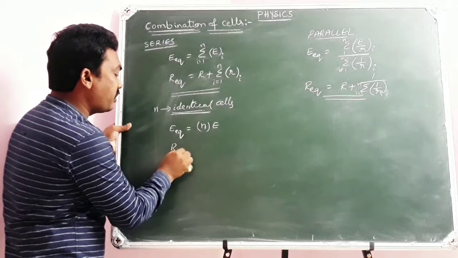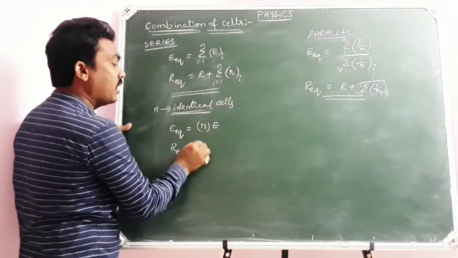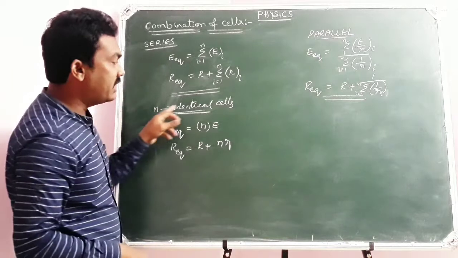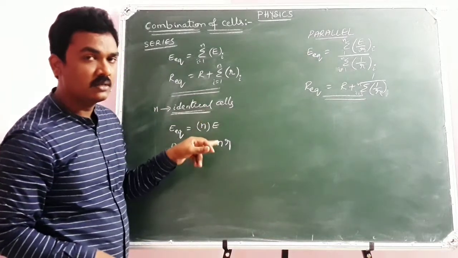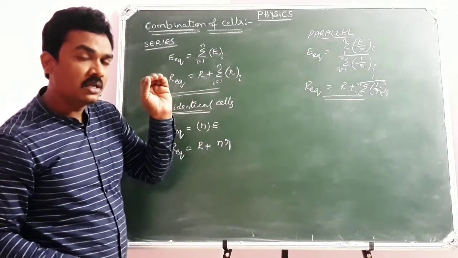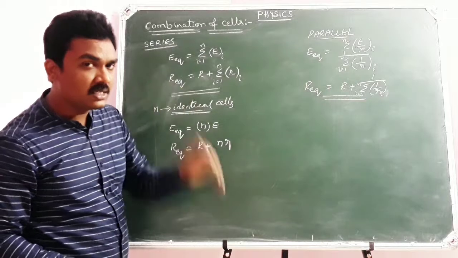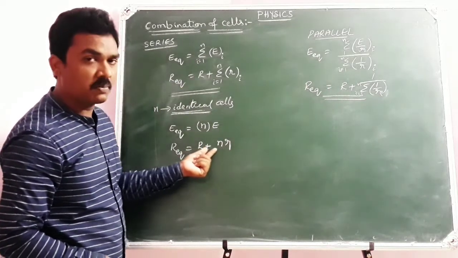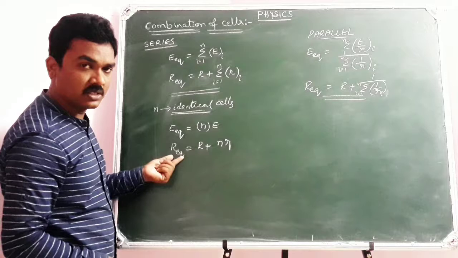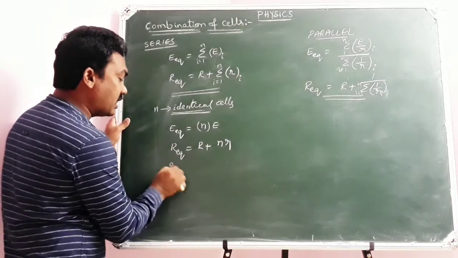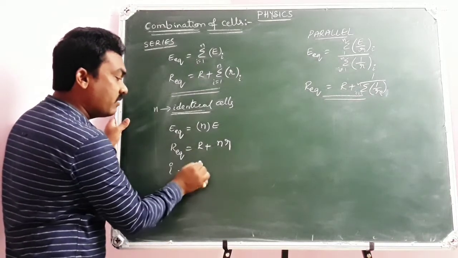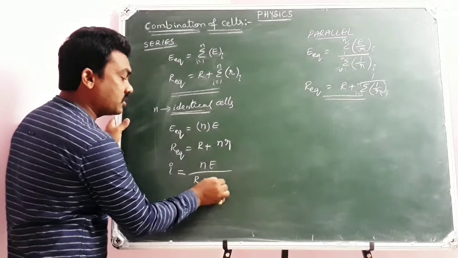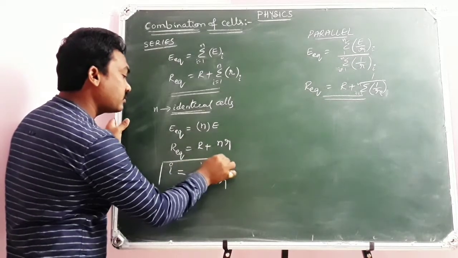And equivalent resistance is going to be R plus nr, because n identical cells are in series, meaning all the internal resistances will be in series and will give nr. With external resistor R, R plus nr will be the circuit resistance. Then circuit current I is equal to equivalent EMF by equivalent resistance.